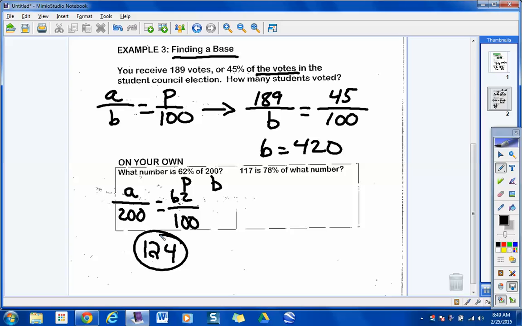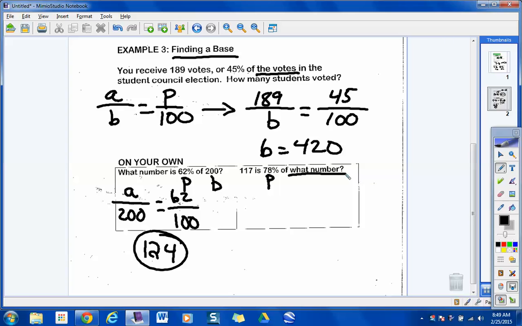Okay, the next one says 117 is 78%. This is the easy one right here, right? 78 has to represent which variable? The P, right? And then 117 is 78% of what number? Which variable am I solving for here? We don't have a number right after the word of, so that's our unknown.